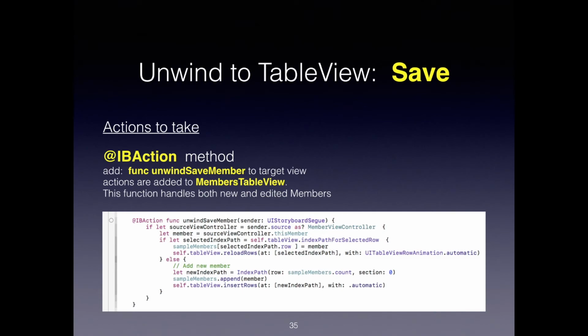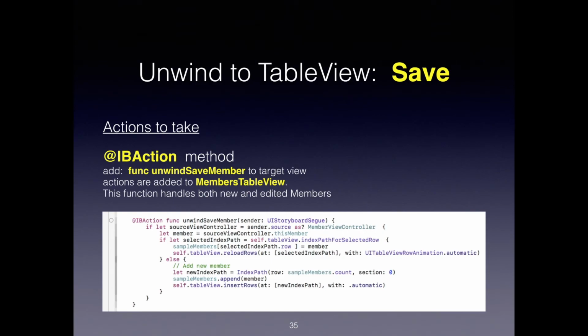If the selected index path is the same one that's in the selected row in our table view, then we know that it's an update, and we simply set the value. We essentially update the value in our array for a particular member.